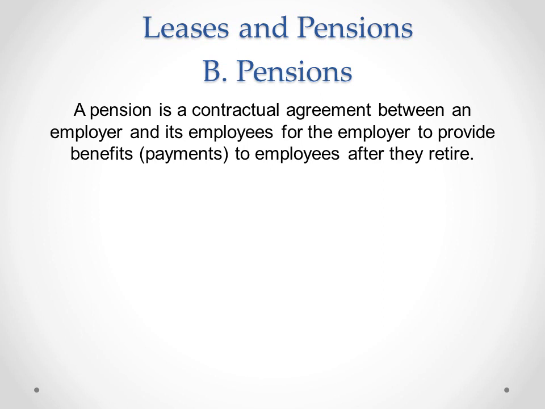So now, if a company hires a certain employee, and this employee works for the company for a certain period of time until the employee reaches the retirement age, which is usually above 60. After the employee reaches 60 years, he will have to retire, to stop work and to stay home.